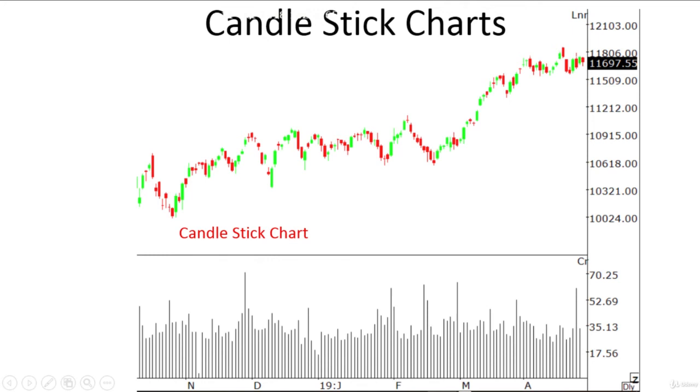Now there are some benefits of candlestick patterns. Most traders use candlestick patterns to reach a conclusive study. Candlestick charts are used by traders to determine possible price movement based on past patterns.